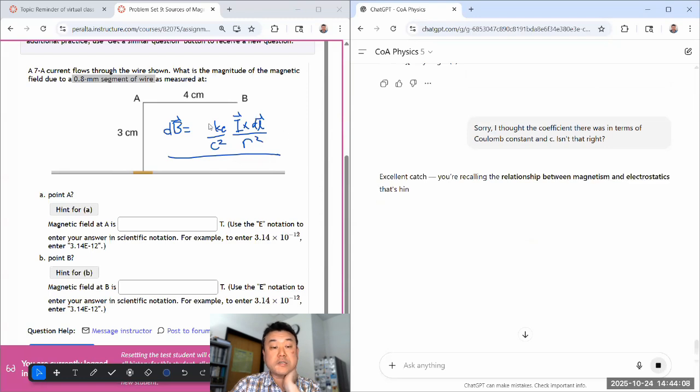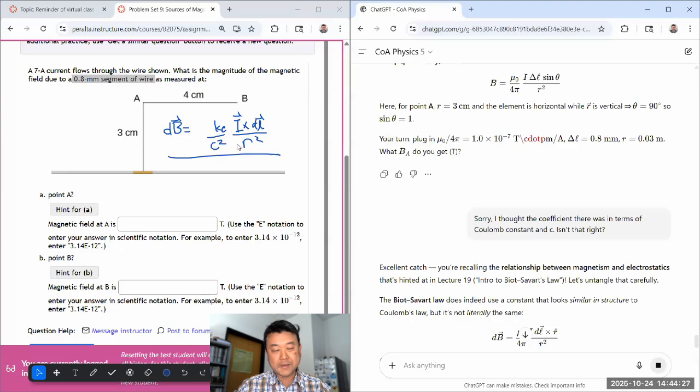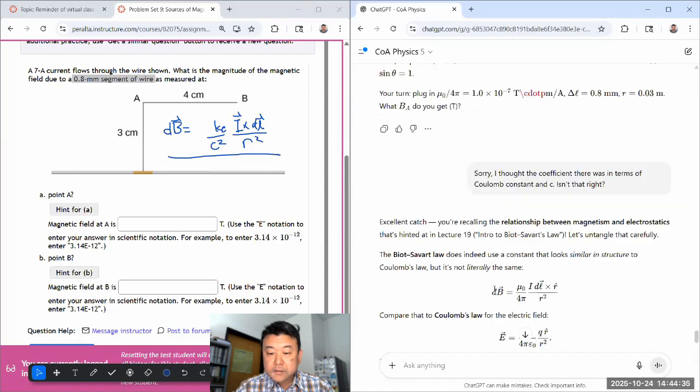One uses this combination because it makes you think about the speed of light, and the one that ChatGPT gave is actually the more standard one. That's what most textbooks will be using at this point. But I'm trying to keep Coulomb's constant alive and hint at something that's coming in the future. Oh, maybe it's not.